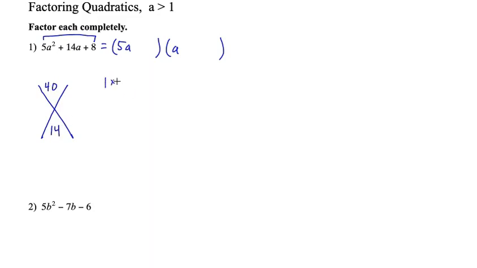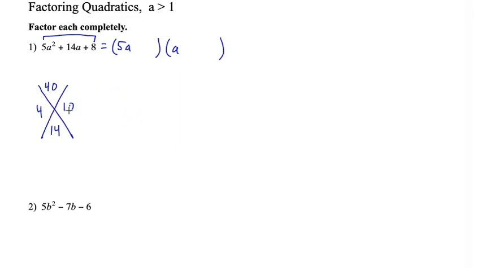Well, 1 times 40 is not going to work. They have a product of 40, but they don't add up to 14. 2 times 20 doesn't work because they add up to 22. 4 times 10 have a sum of 14. So we figured out that 4 times 10 equals 40, and 4 plus 10 equals 14.